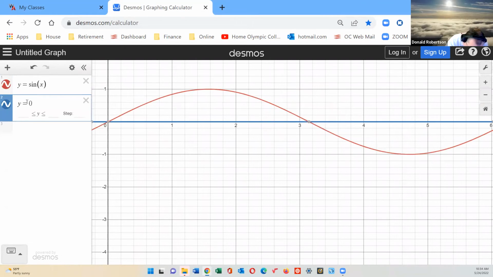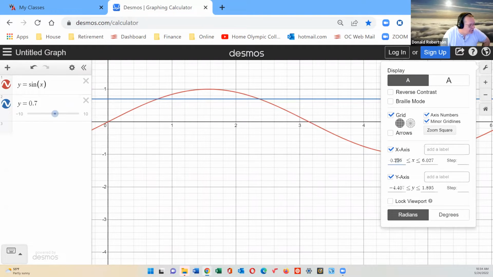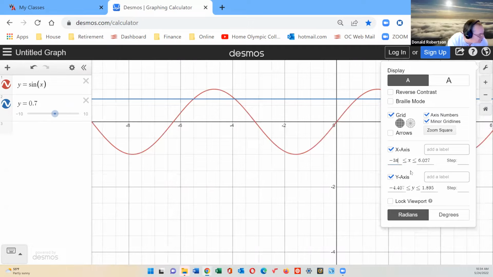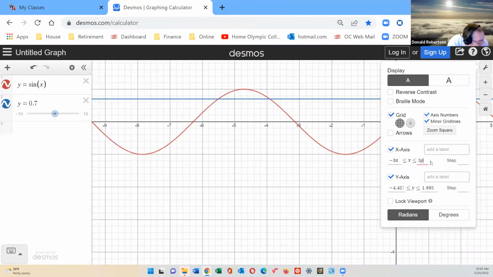So that's the simplest way of setting this question up. So now I go over here and I make sure that the x-axis is from -3 pi (if you type in the letters pi, you get pi) and finishes at 3 pi. Right.